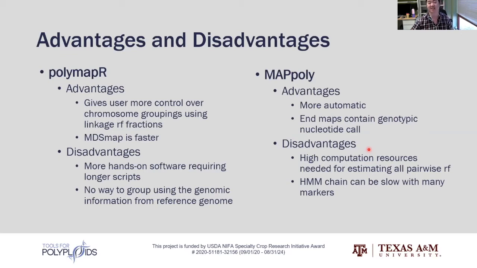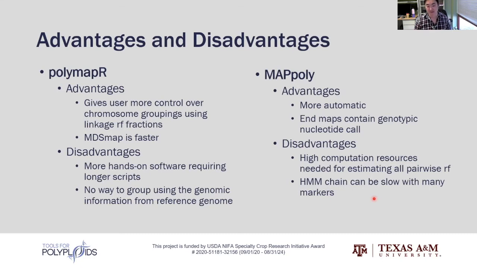And then another disadvantage, I don't know if it's really a disadvantage, but marker ordering using the HMM chain is a lot slower than MDS maps. To give you an example, the same map in Polymapper would probably take an afternoon, and I can run it and get a map.